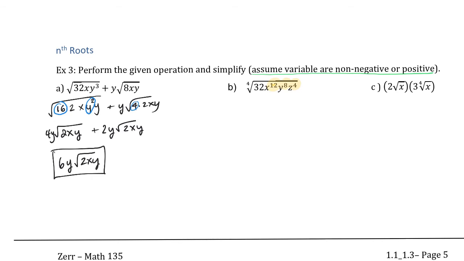Good. All right, now here I'm going to take the 4th root of 32, and since there's an exponent here, it's easier to just rewrite that with exponents. So each of my variables, I'm going to take to the 4th root by taking it to the 1/4 power. And so z to the 4th to the 1/4.